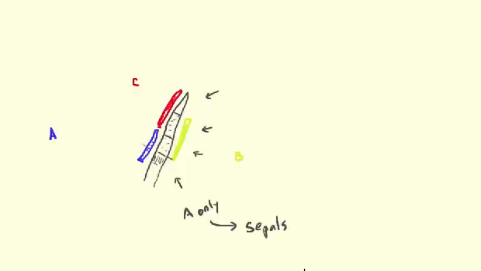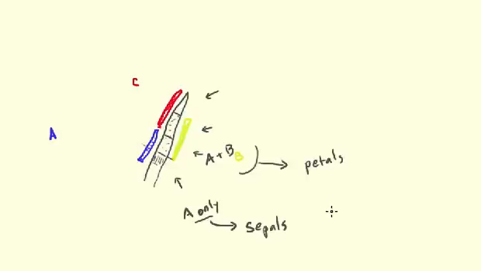In other words, we give the signal, build me some leaves, and because we have A only present in that portion of the plant, those leaves develop as sepals. Okay? In area 2, we've got a combination of A and B, and with the combination of A together with B, that same signal, build me some leaves, results in the production of petals.